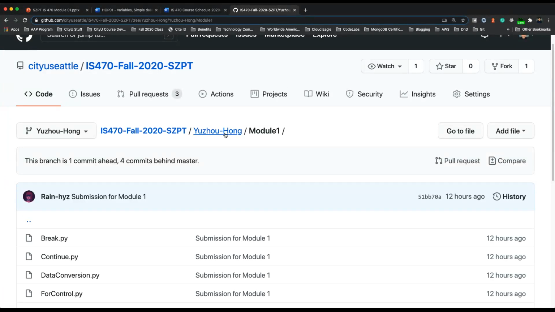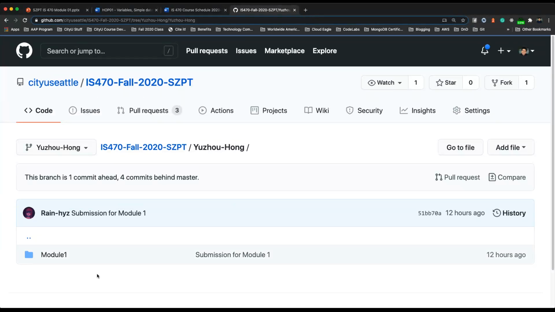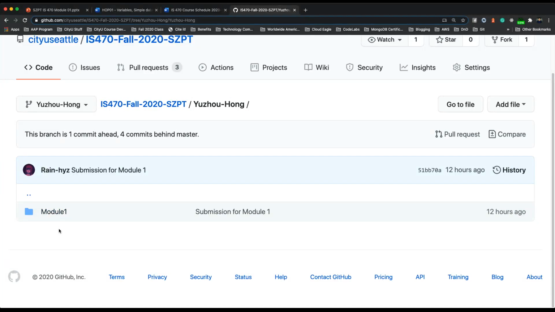And when the student would submit Module 2, the student will create Module 2 and basically do some submission. So one of the students asks for help from Yu Cho Hong, right? This student, because this student created it correctly, right?